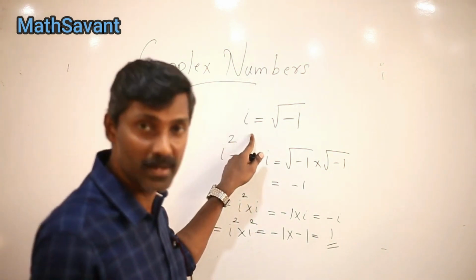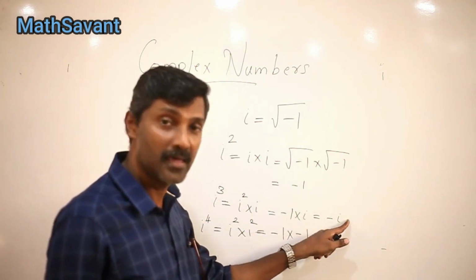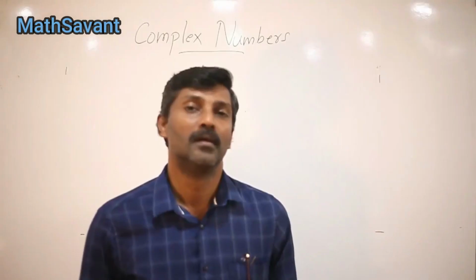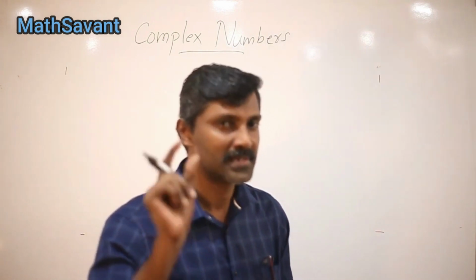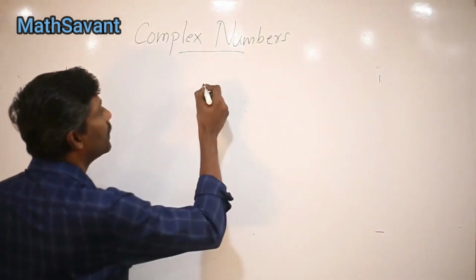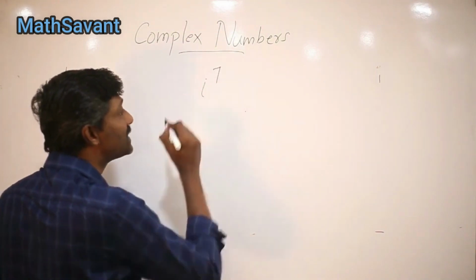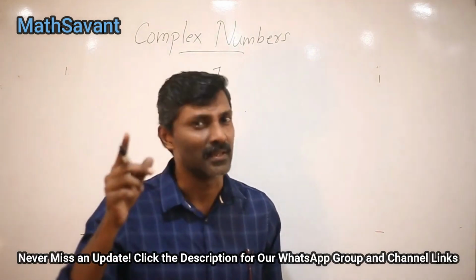That is i is root of minus 1, i square is minus 1, i cube is minus i, and i raised to 4 is 1. Very important. Now what if I ask you to find the higher powers of i? For example, if I ask you to find the value of i raised to 7, how will you find it out? Just think.